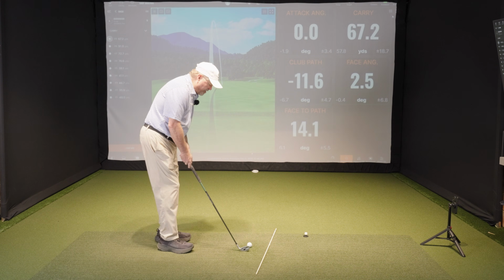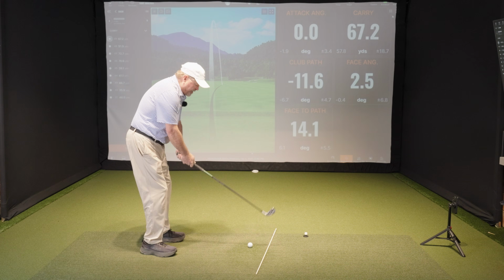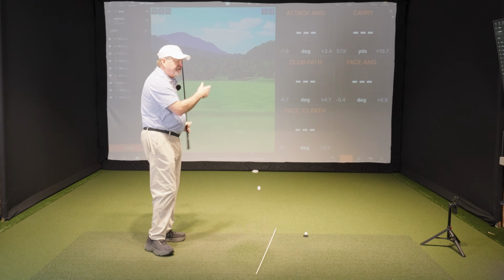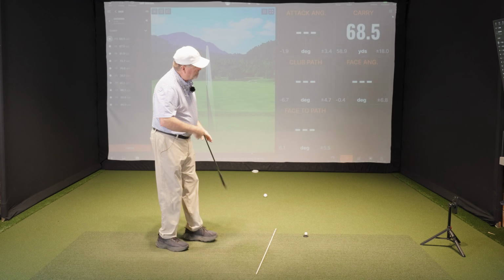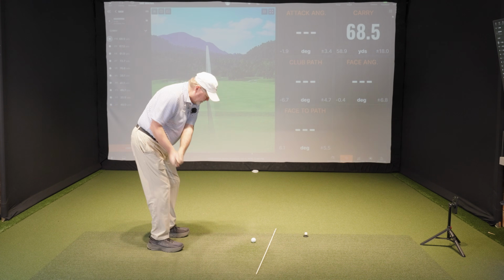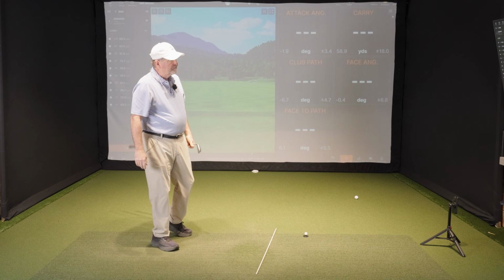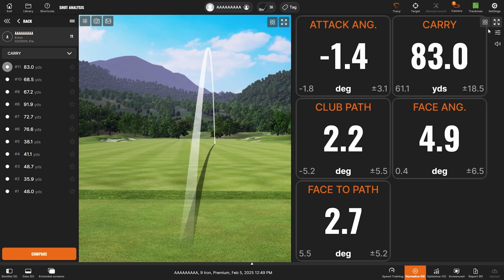And then as a player, I can feel that my club head is swinging that direction on the way down. And you'll see with just a nice, easy swing, that should change my club path. And I'll be plus 2 instead of minus 14. So a pretty good, effective way to do it.